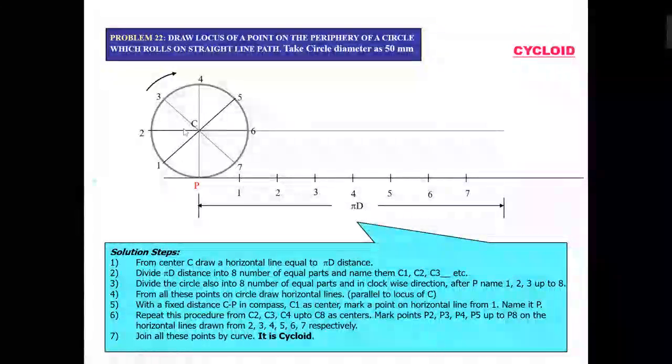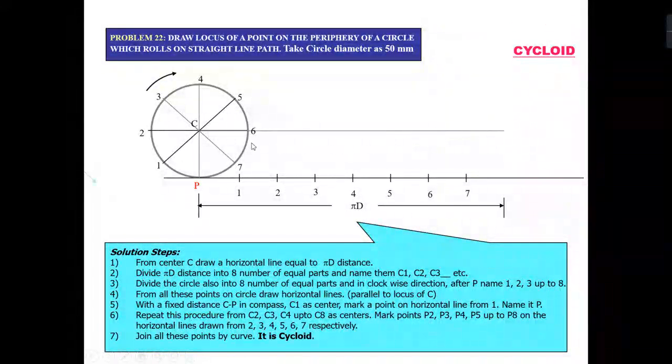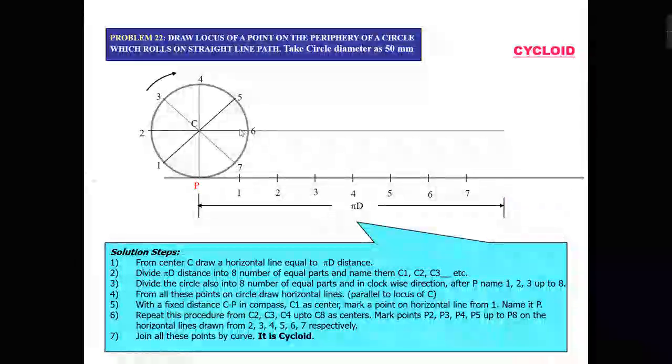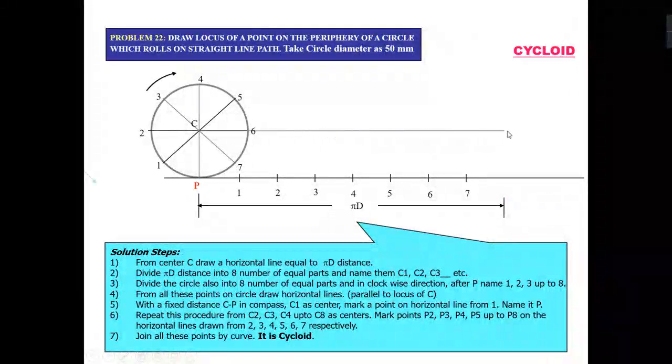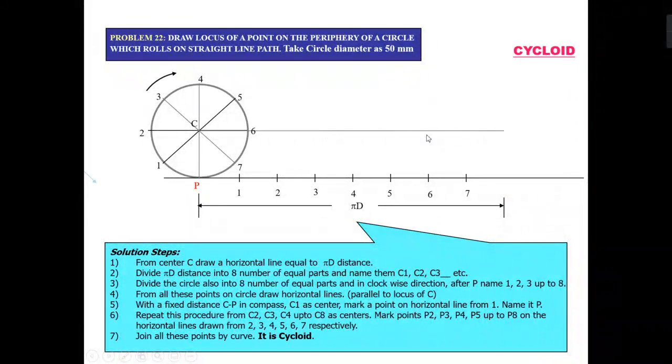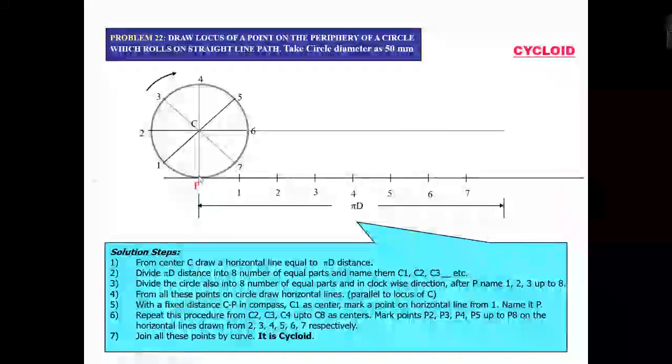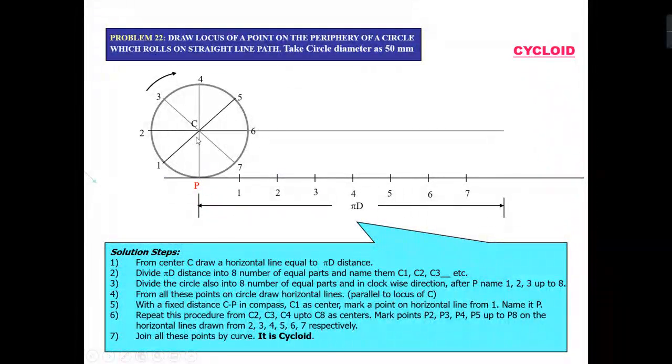So now suppose your circle is moving. When the circle is moving, your center point will move on this straight line, right? So suppose your circle has moved 1/8 round, means your circle is now here, right?